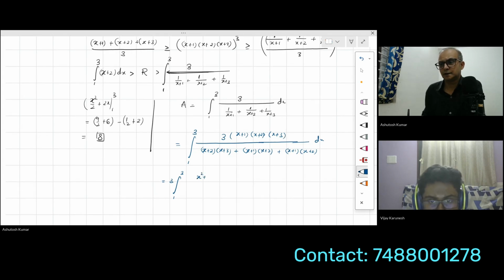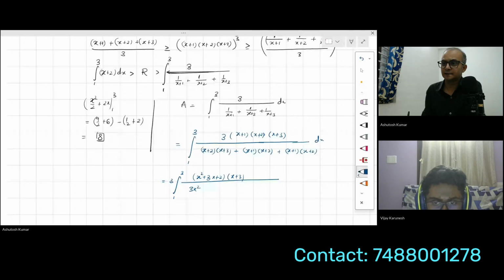x square plus 3x plus 2 times x plus 3, correct? Yes. Here you get x square, here x square, here x square. So you get 3x square. From here we get 5x, from here we get 4x, and from here we get 3x. So 5 plus 4 plus 3, 12x.